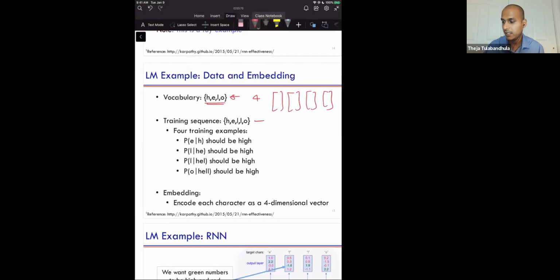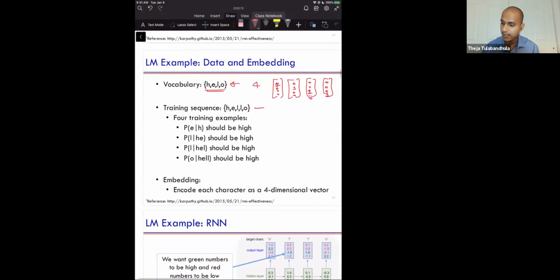So 1 0 0 0, 0 1 0 0, 0 0 1 0, and 0 0 0 1. Let's say these are the 4 numerical representations for these words. Once you get to numerical representations, you can just use them as vectors, as inputs to your RNN.